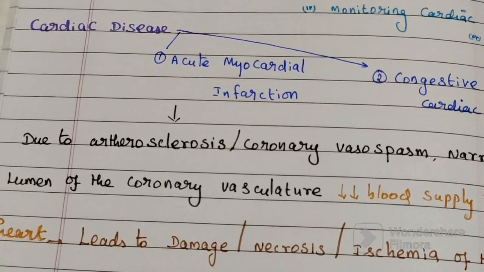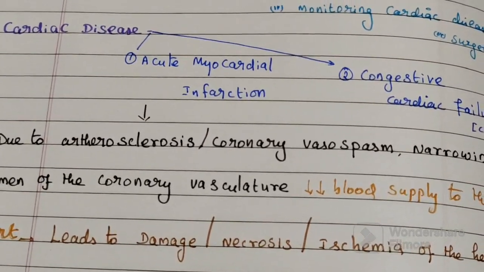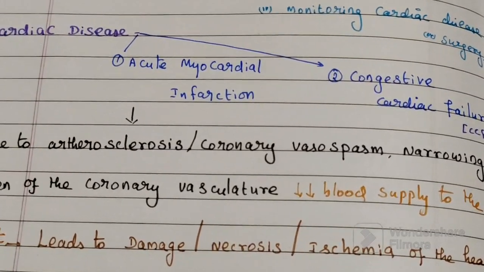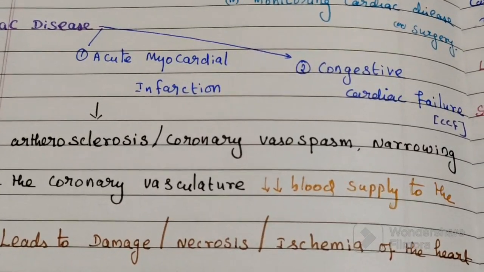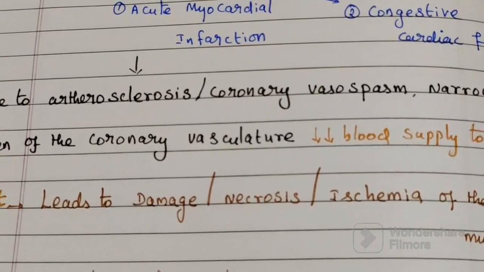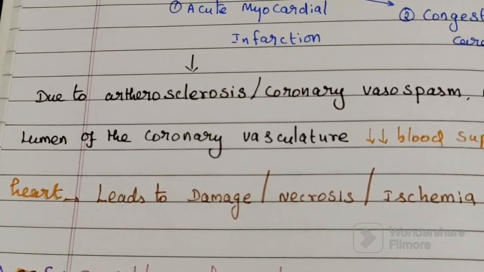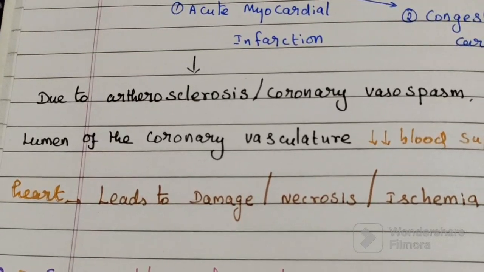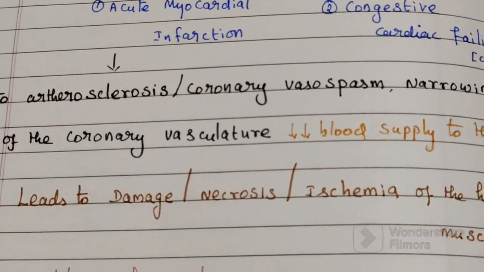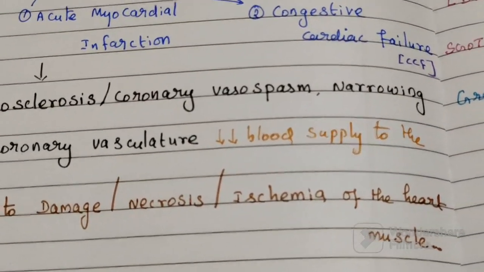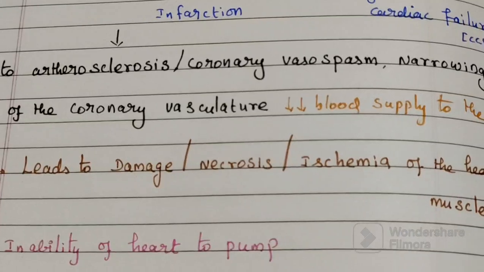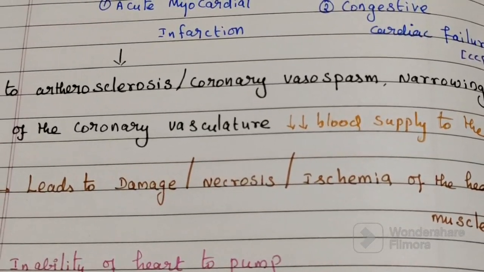It is due to atherosclerosis or coronary vasospasm or narrowing of the lumen of the coronary vasculature. There is decreased blood supply to the heart that leads to damage, necrosis or ischemia of heart muscles.